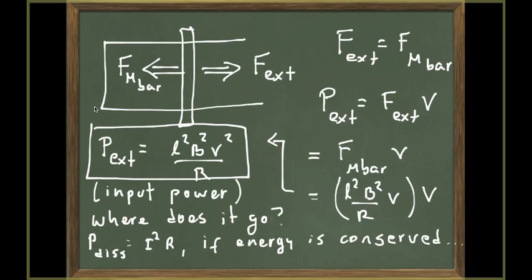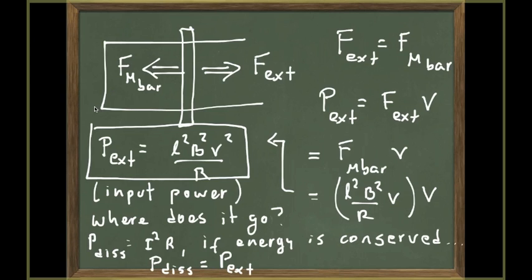If energy is conserved, what can I say about the power of the hand pulling on the bar and the power being dissipated by the resistance in the circuit? If to keep this bar moving with constant velocity I have to put in 10 joules of energy per second, those same 10 joules of energy per second should be dissipated by the current, right?